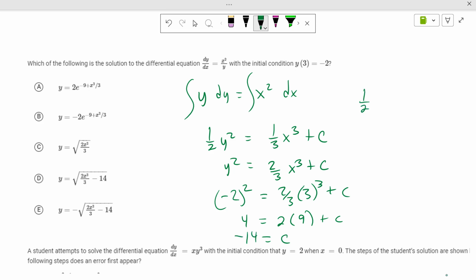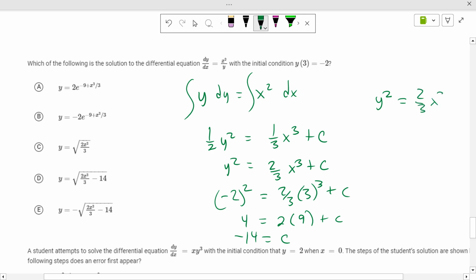So y squared, actually, because I plugged it in one lower than that, y squared equals 2/3 x cubed minus 14. So if we take the square root of each side, y equals plus or minus the square root of 2/3 x cubed minus 14.